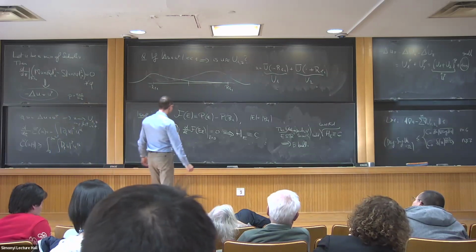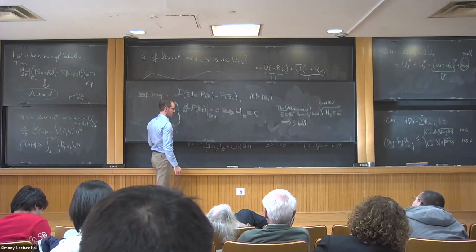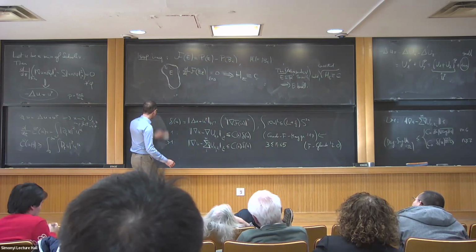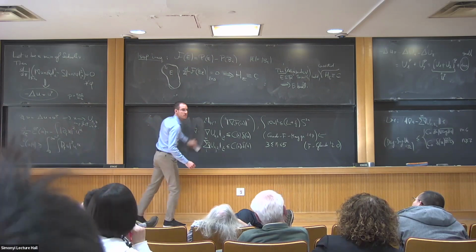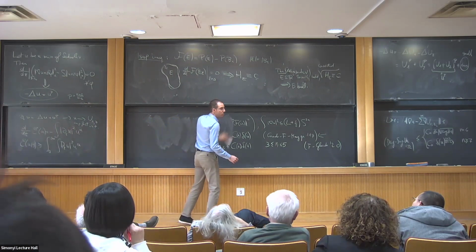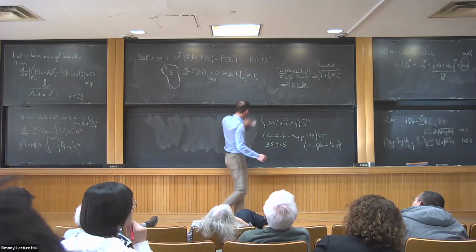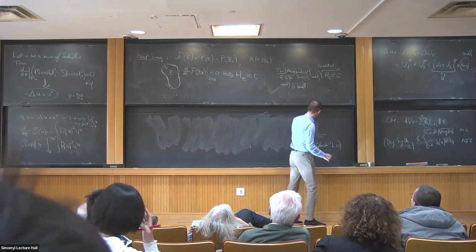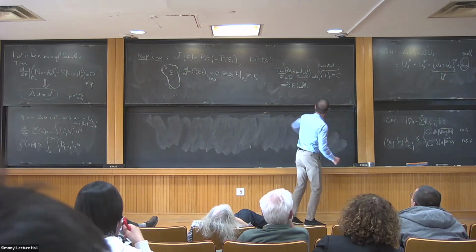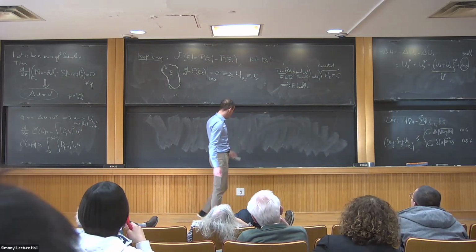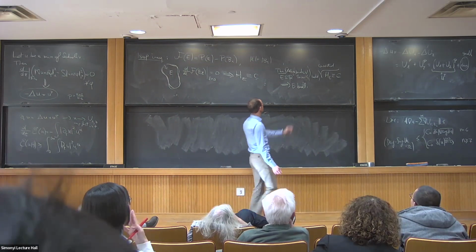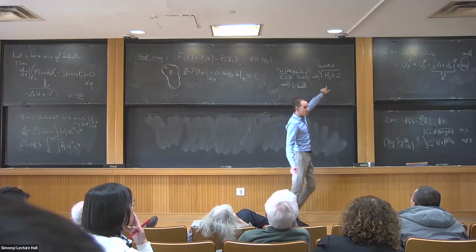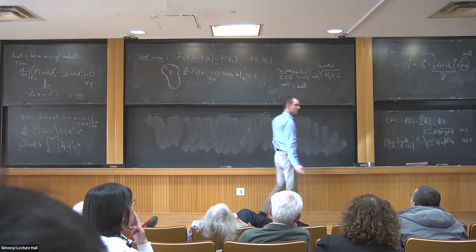Okay, but then you could ask the same question. A set which has almost constant mean curvature, is it true that it's close to a ball? But if E is not smooth, can this be true? It depends in which sense, but right now there is a theorem that says that if you have sets E of finite perimeter, where the mean curvature in the sense of distribution is constant, then it's a ball.